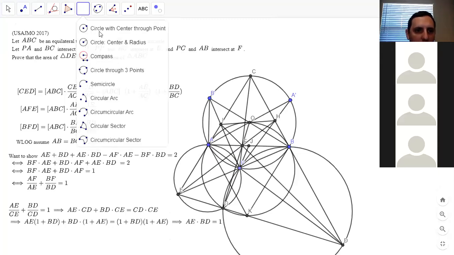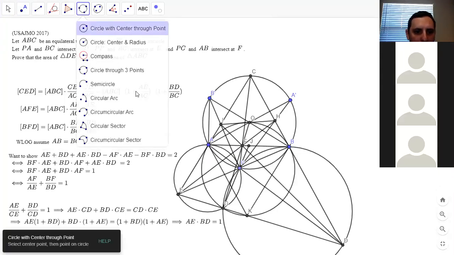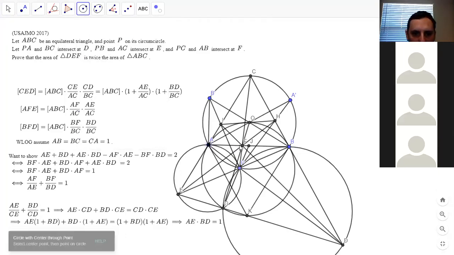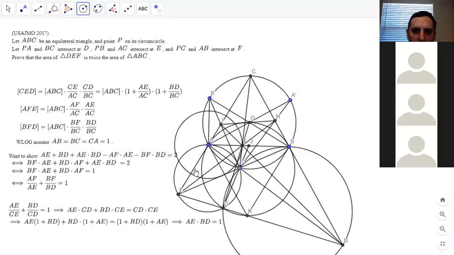Let's see. Oh no, it's not twice AF, it's less than that. Okay, so that is true. I checked it in the algebra part of GeoGebra. So we haven't made a mistake.